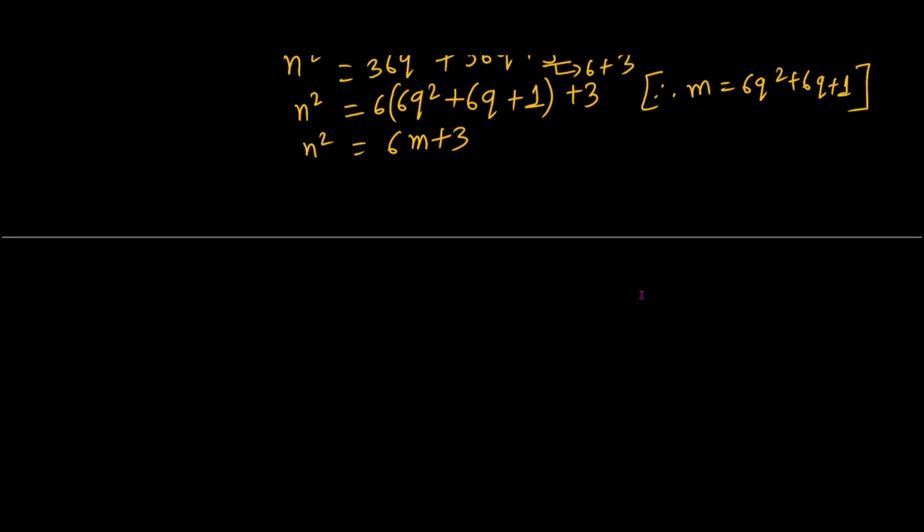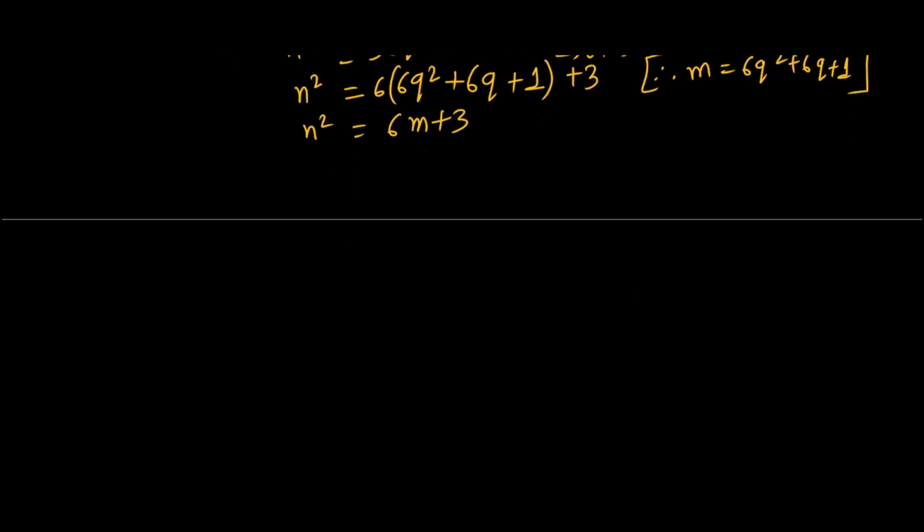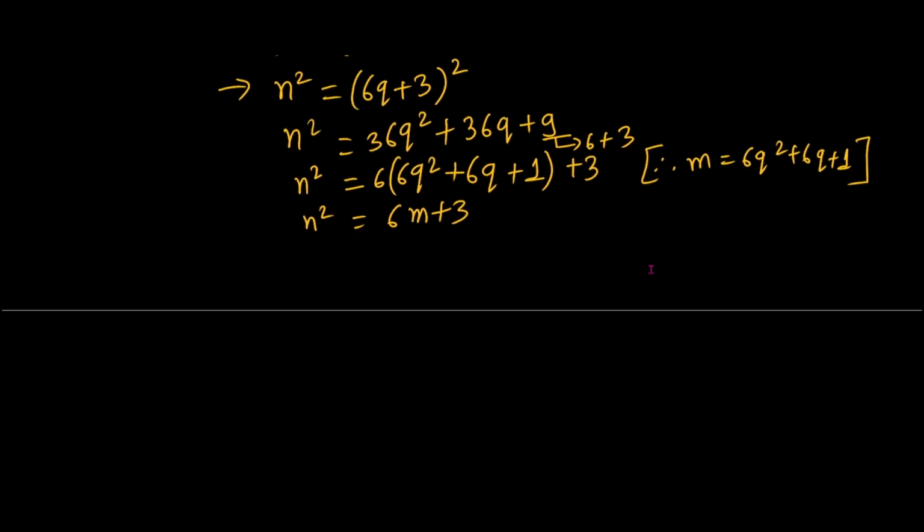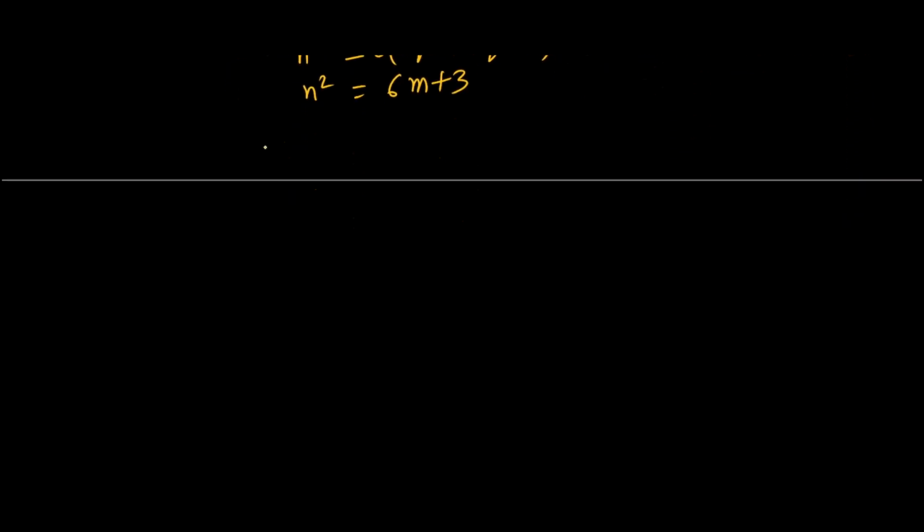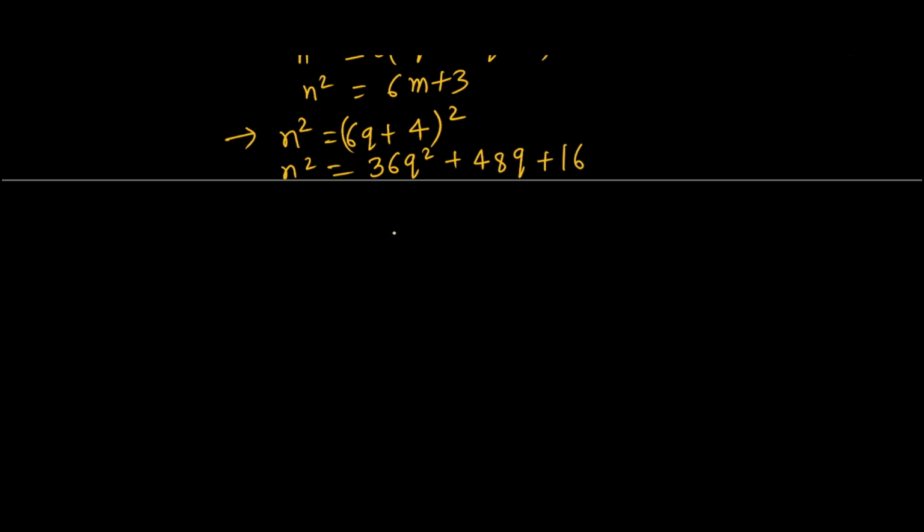So moving towards the next step. So what will be the next step? 6q plus 4. So n square is equal to 6q plus 4, whole square. So n square is equal to 36q square plus 2ab. So 12 into 4, 48q plus 16.